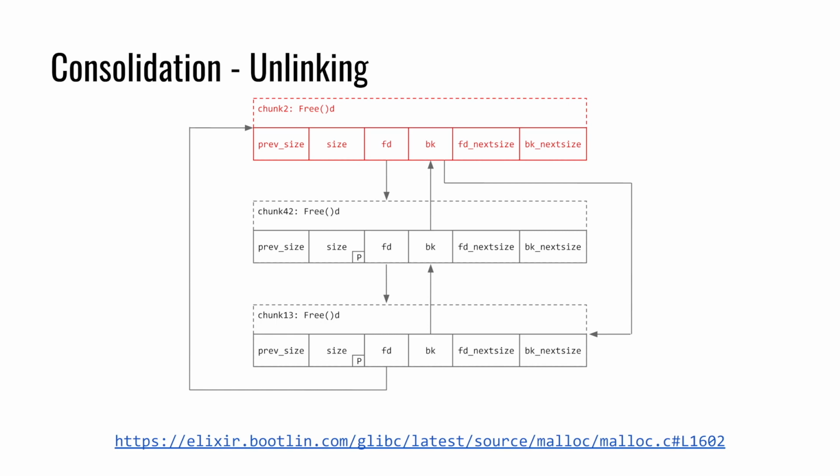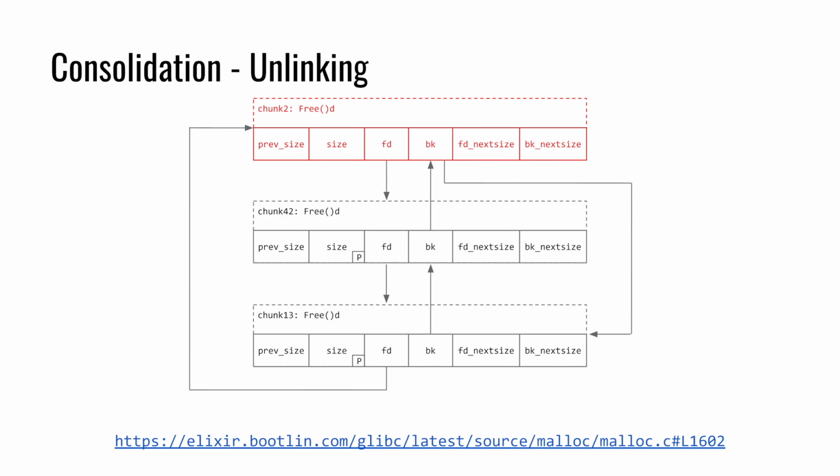And we can take chunk 2's backward-forward pointer and set it to chunk 2's forward pointer. And this will remove chunk 2 from whatever list it is in, regardless of where it is.